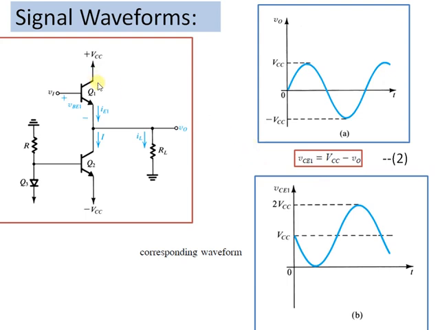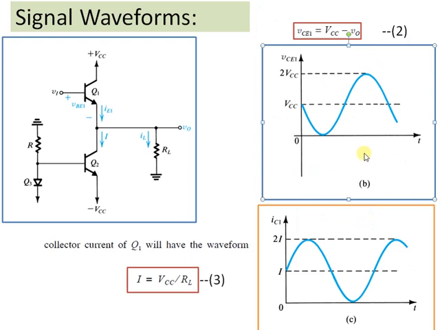But now when we compute VCE1 equal to VCC minus V out, which is equation number 2, the corresponding waveform will have its origin at VCC, swinging from 0 to 2 VCC.